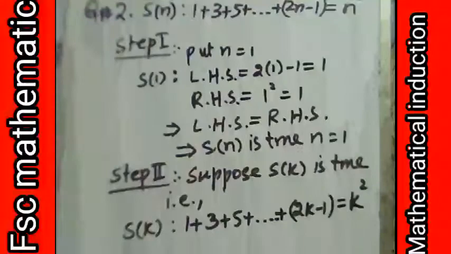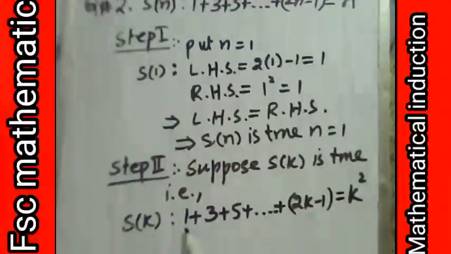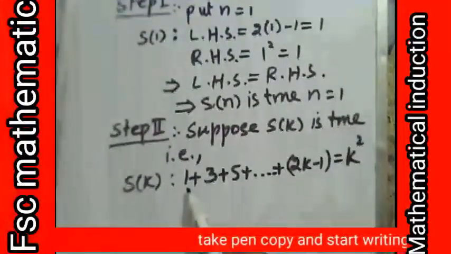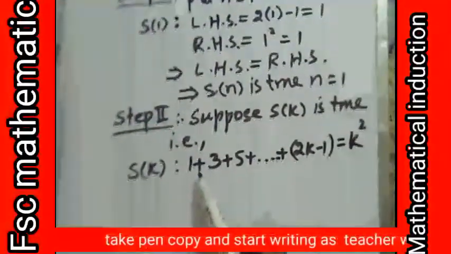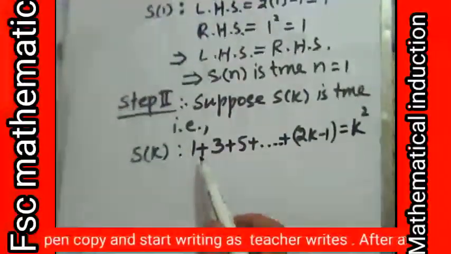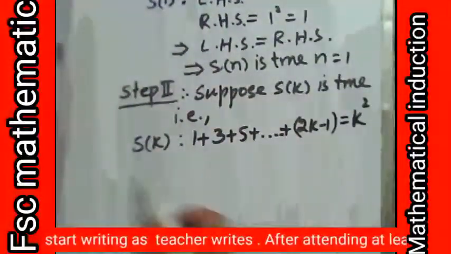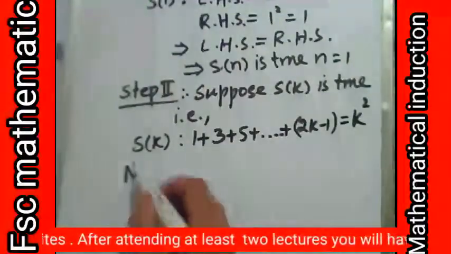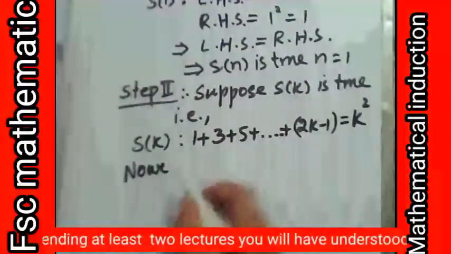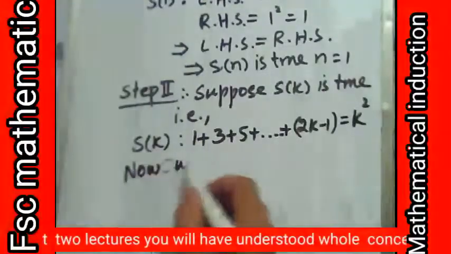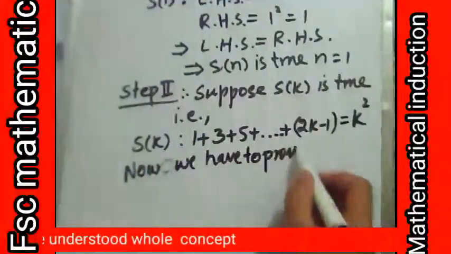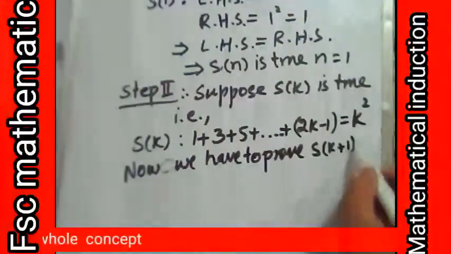This is the second condition where we suppose S of k is true. In the second condition of the mathematical induction principle, we consider the S of k statement true for k values. Now we have to prove S of k plus 1 is true.